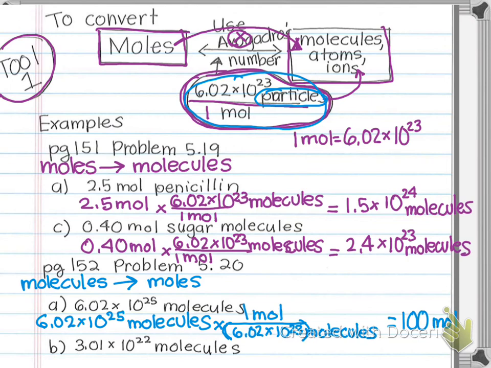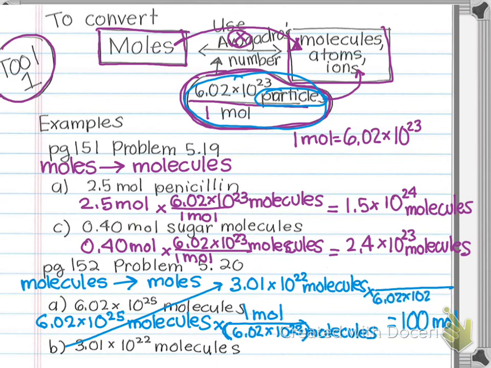And now the second one. Unfortunately, when I designed the notes, I didn't include it, so I'm going to bring it up here. This is 3.01 times 10 to the 22nd molecules. And again, since I was given molecules, I'm going to have to put the 6.02 times 10 to the 23rd molecules on the bottom and the 1 mole on the top. And remember, you might have to put parentheses.